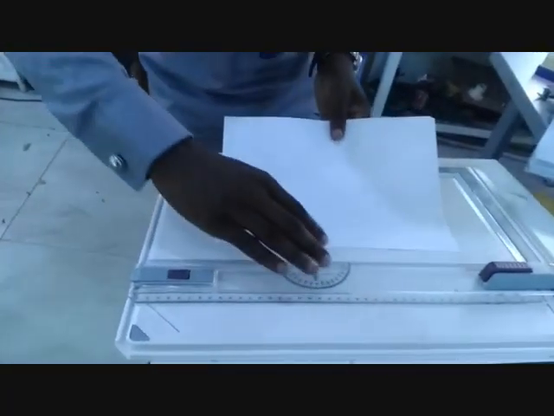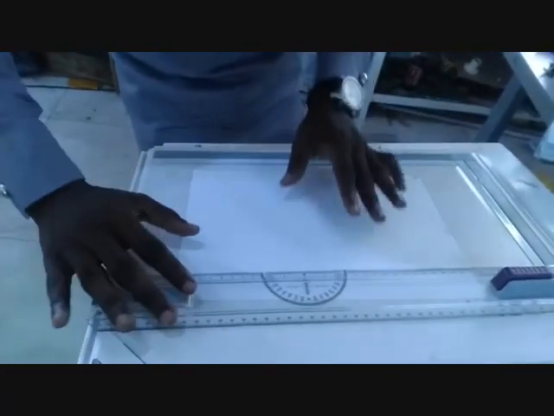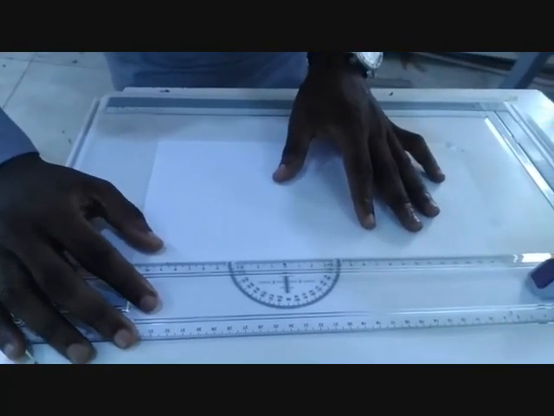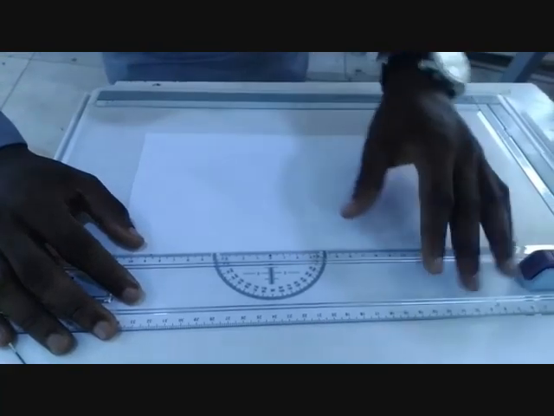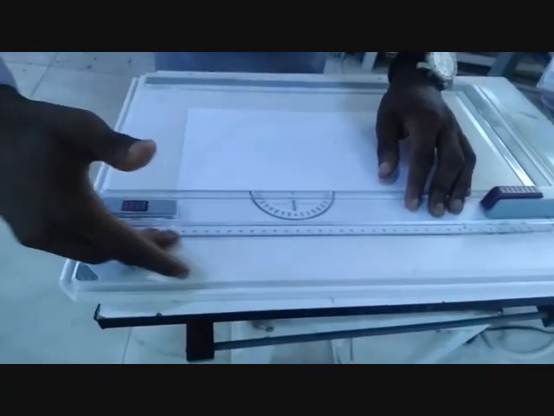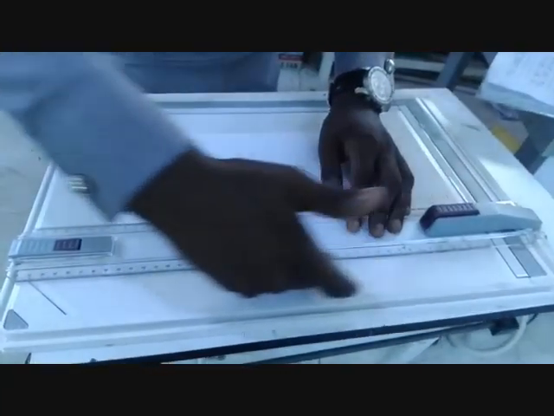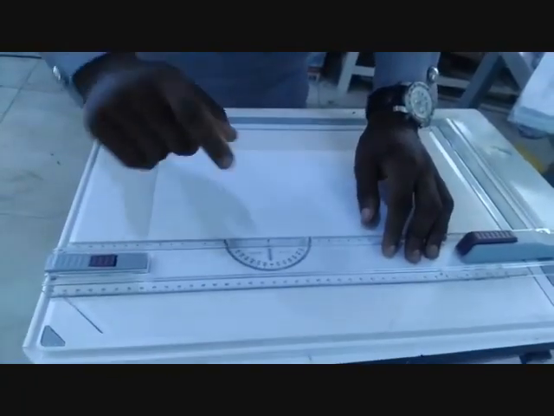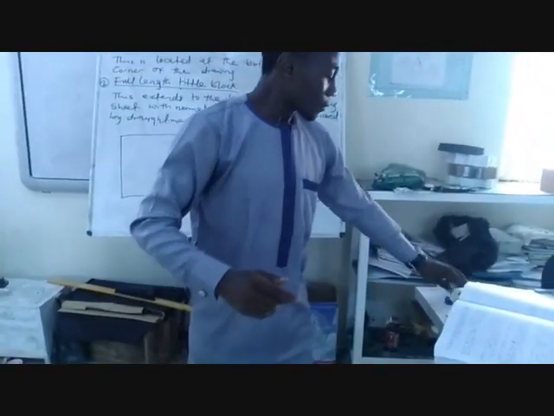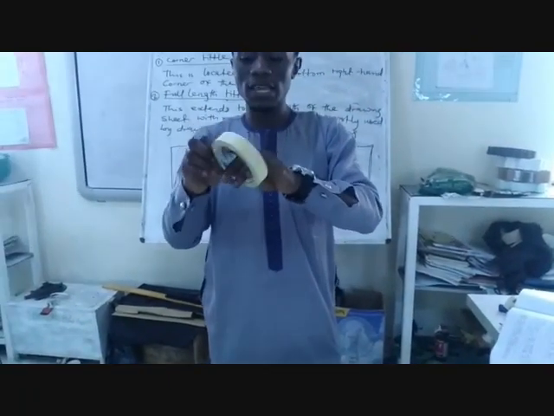So if you put it, then you watch. You set your paper inside the T-square. Make sure this drawing paper doesn't come out. Make sure they are in the same line with this T-square. If you put it like this, don't shake the drawing board. Take your masking tape.